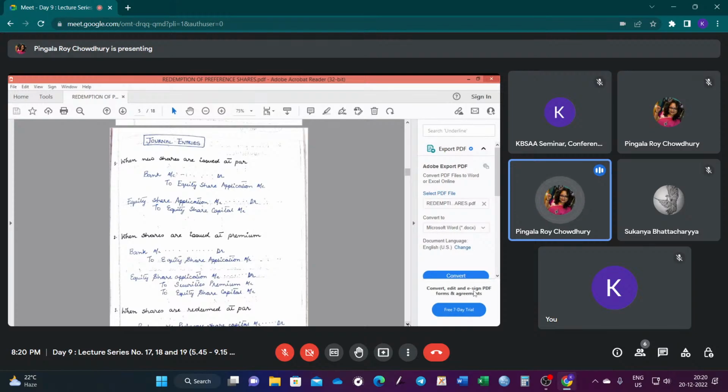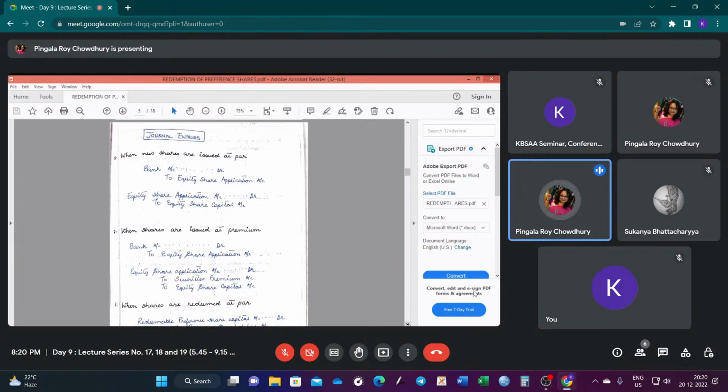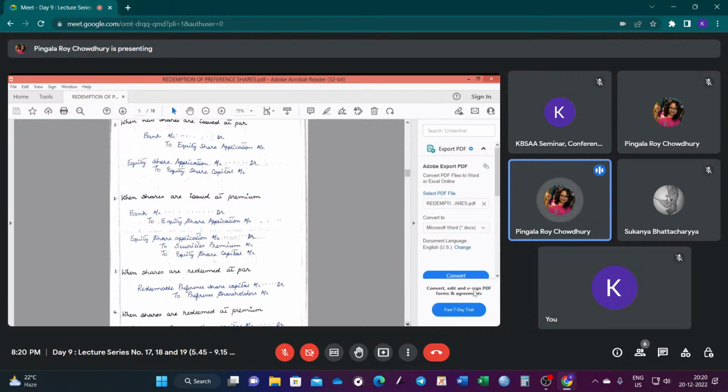The face value has to be put to equity share capital and the premium amount has to be separately set aside to securities premium account. So equity share application account will be debited by the full amount. Out of that, a part will be set aside to securities premium and another part will be going to equity share capital, which will be equal to the face value of the shares issued.